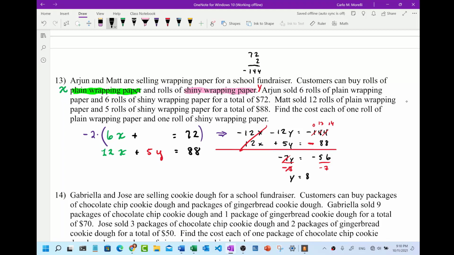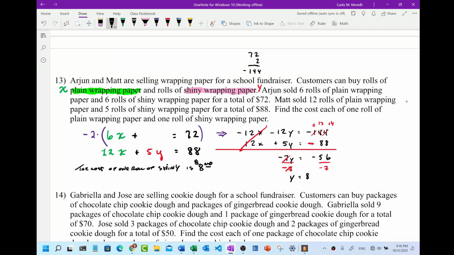So I don't know what they want from you, but you could say with finality, the cost of one roll of shiny, we'll just say shiny, is $8. Okay, kind of expensive, but whatever.